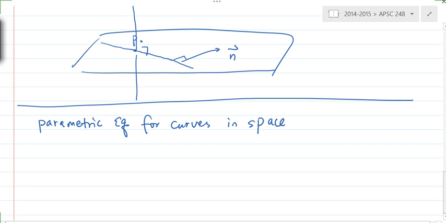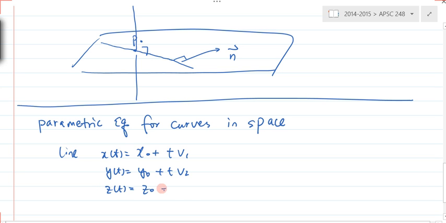Again, the wording, parametric equation: when we were learning the line equation, for a line, you have x of t equal to x naught plus t v1, y of t equal to y naught plus t v2, and z of t equal to z naught plus t v3. This is the line equation. Or alternatively, r of t equal to r naught plus t times vector v.